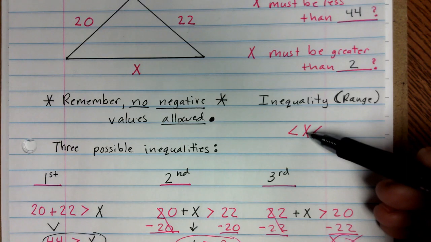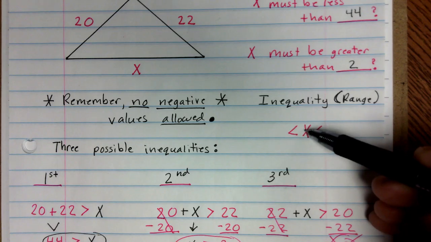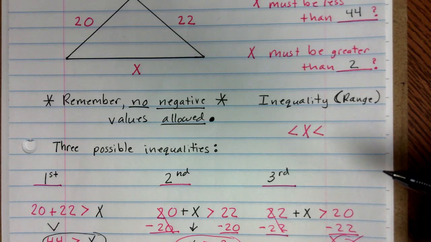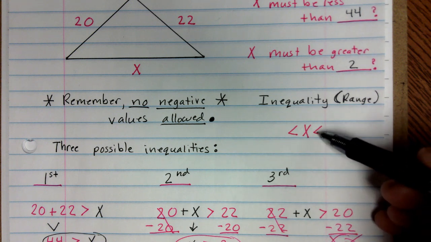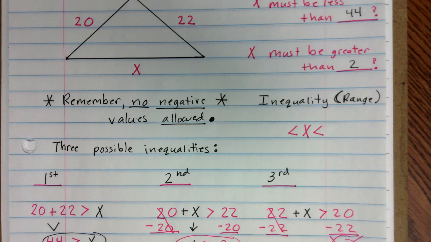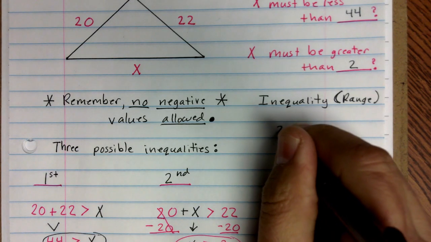Now notice this x, right, is facing towards the opening of this inequality. In other words, x, right, is going to be greater than whatever value we put here. And then x is going to be less than whatever value we put on the right. So my x had to be greater than the 2, so I'm going to put a 2.